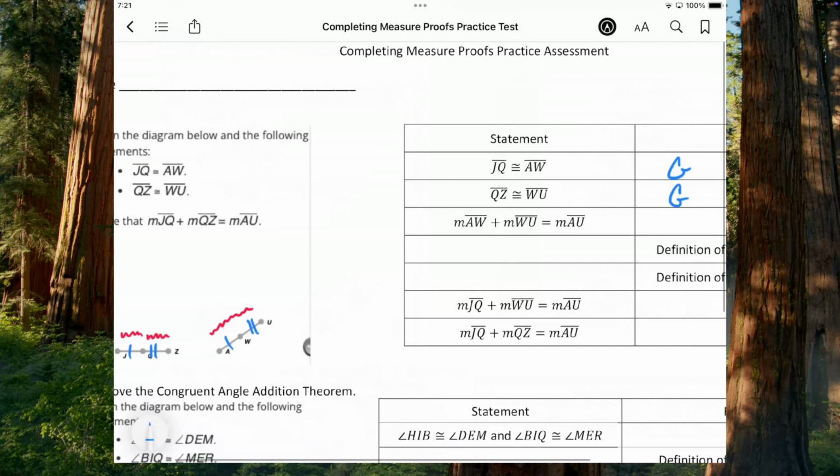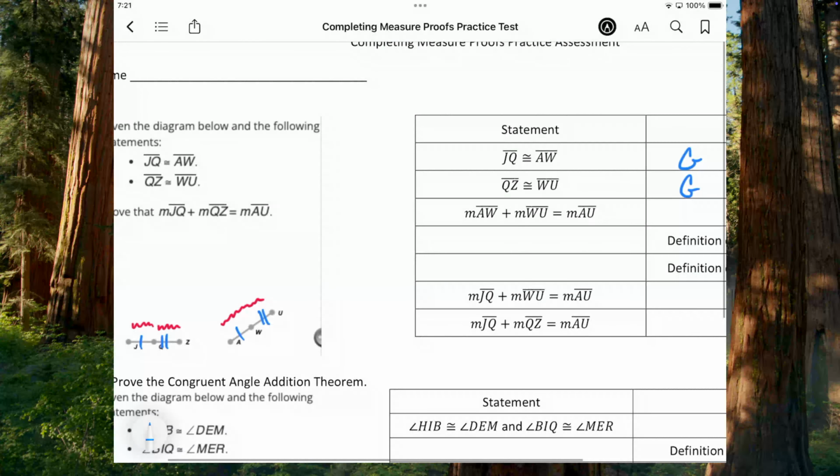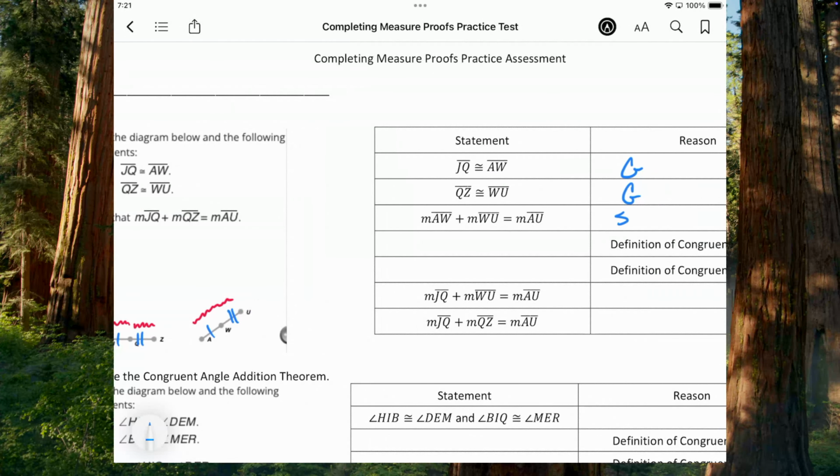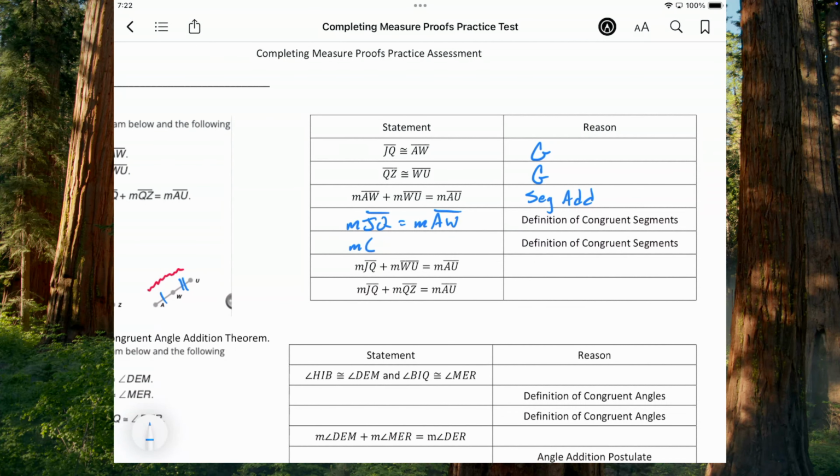So, the measure of AW plus WU is equal to AU, that is segment addition. And what we're going to do next is, since those two pairs of segments at the top were congruent, their measures must be equal. So the measure of JQ is equal to the measure of AW, and the measure of QZ is equal to the measure of WU.